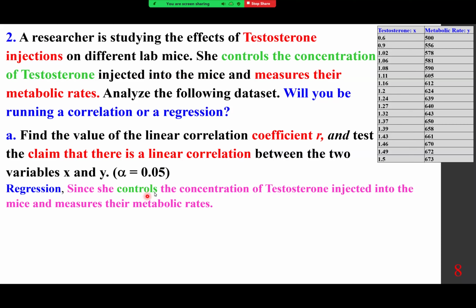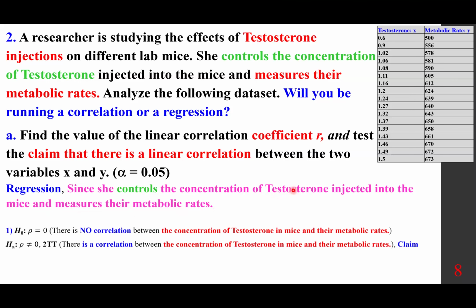Since she controls the concentration of testosterone injected into the mice and measures their metabolic rates, it's a control system. We want to see if there is an effect as far as the concentration of testosterone is concerned. Therefore, we must run a regression. Therefore, we can make a decision about causality and causation.